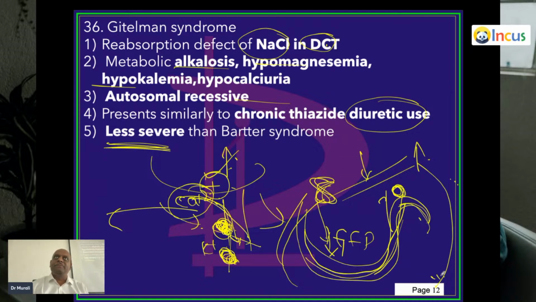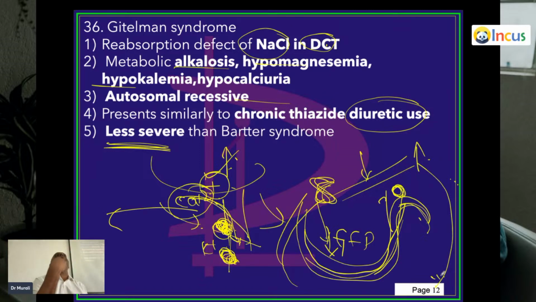Quick repeat. Gitelman leads to NaCl co-transporter absorption being inhibited. That makes NaCl lost into urine. Along with that, water is lost into urine. That leads to hypovolemia and plasma volume contraction. That leads to decreased afferent arteriolar blood flow and pressure. That will decrease GFR and make the tubular fluid flow slow.